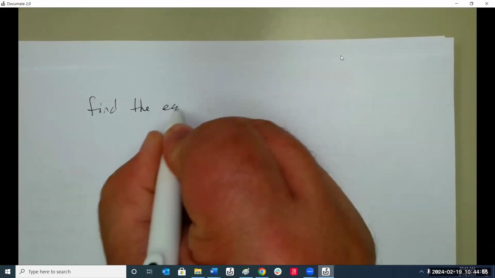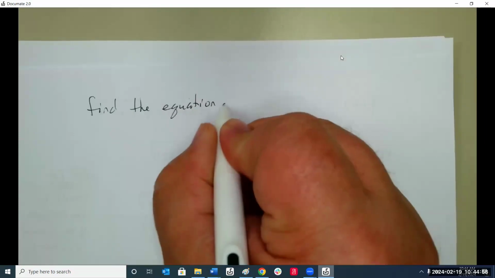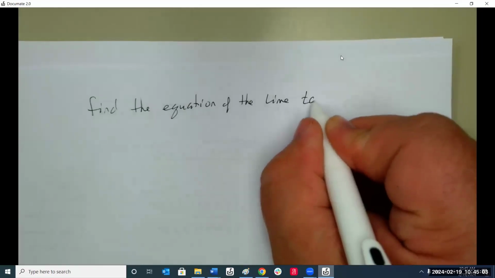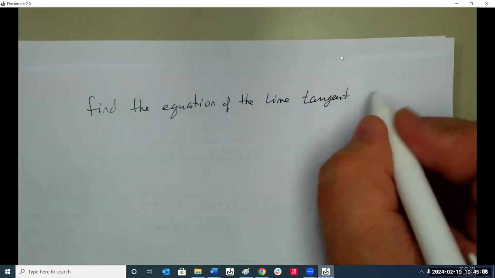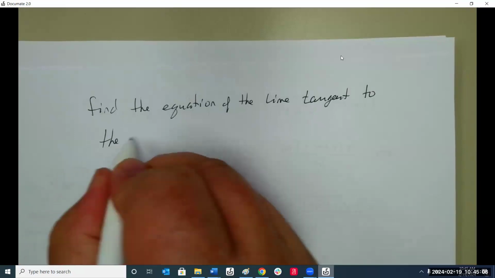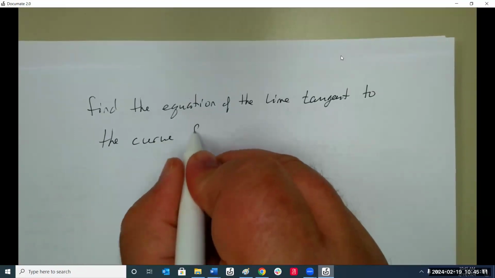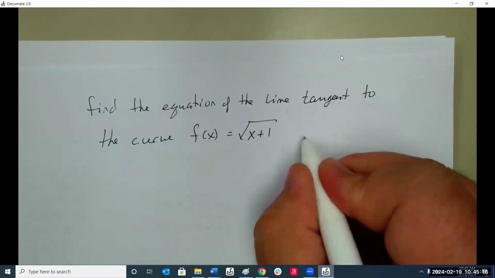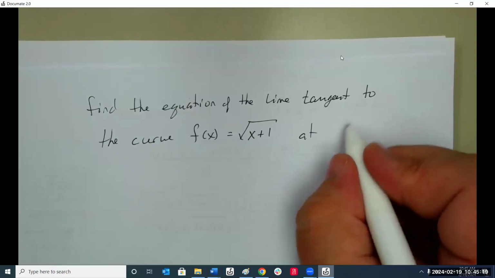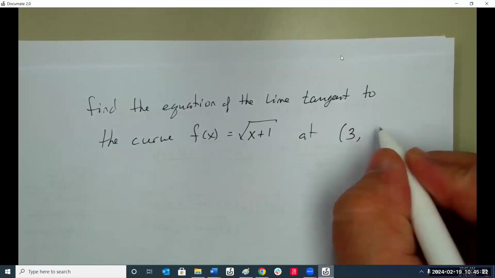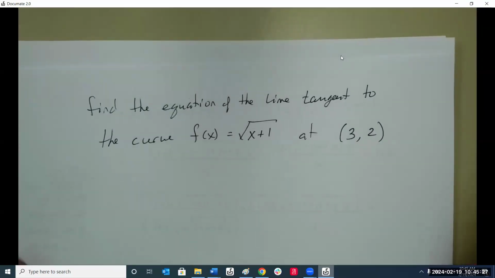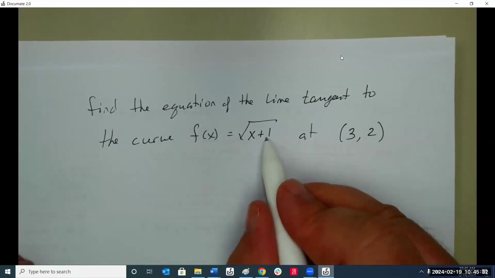Find the equation of the line tangent to the curve at 3, 2. We plug in 3. 3 plus 1 is 4. Square root of 4 is 2.